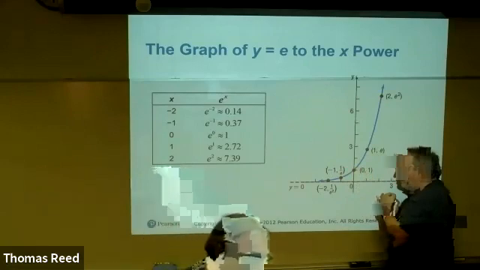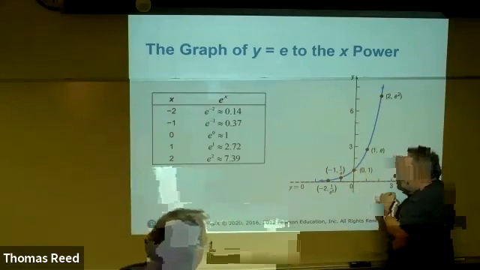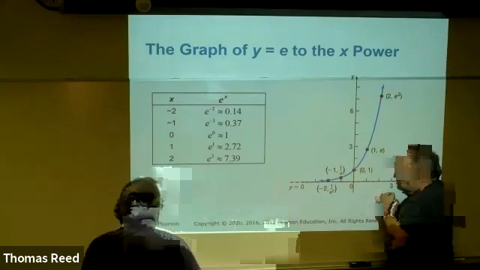But when graphing, you want to put it in the calculator so you can approximate where it belongs.